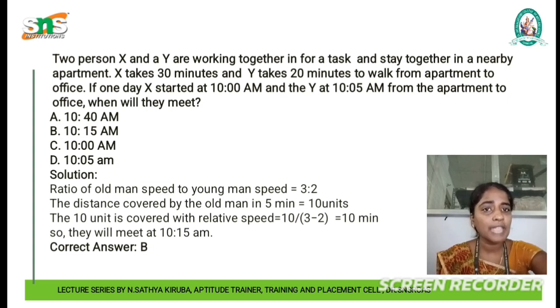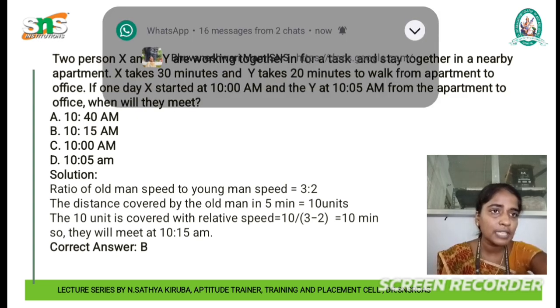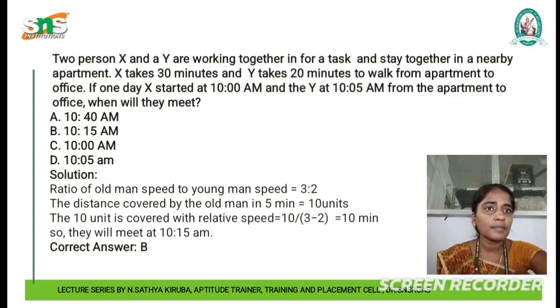So the 10 units are covered with the relative speed. So 10 by 3 minus 2 is equal to 10 minutes. They will meet at 10:15 a.m. He started at 10 a.m., so after 10 minutes, it is going to be 10:15 a.m. Please understand the problem in this sense.